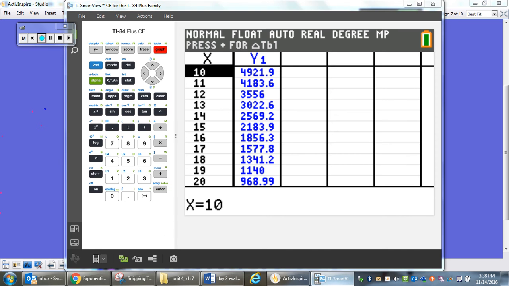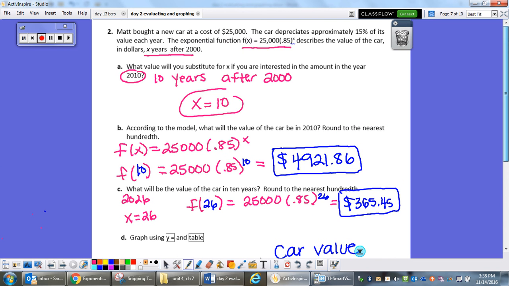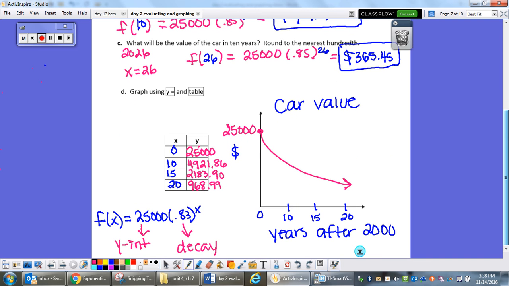And then $968.99. Oh, I'm sorry, it's 99 cents. My bad. Okay? So again, now here's an example of exponential decay. So you can see the trend over time. The car value is going down.